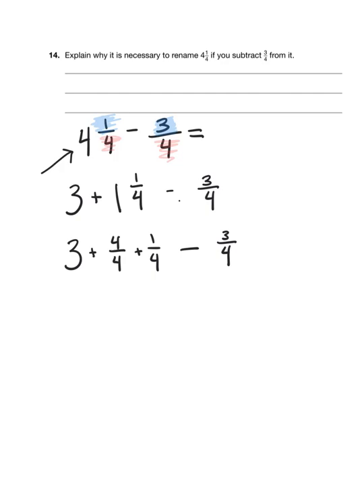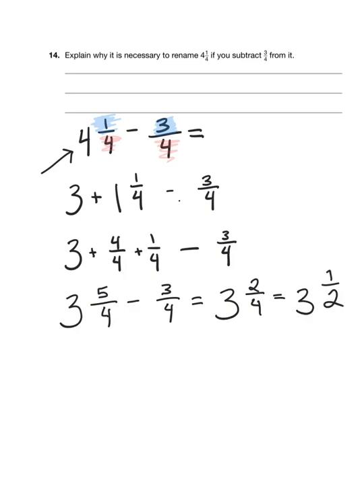That still leaves me with this numerator being smaller than this one. So if I combine 4/4 and 1/4, that gives me 3 5/4 minus 3/4. Now I can subtract. That leaves me with 3 2/4, or 3 1/2. This might be easier for you to understand with a visual model.